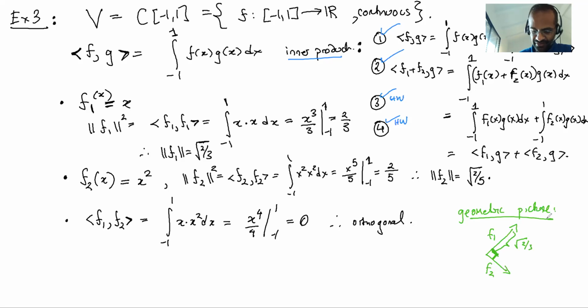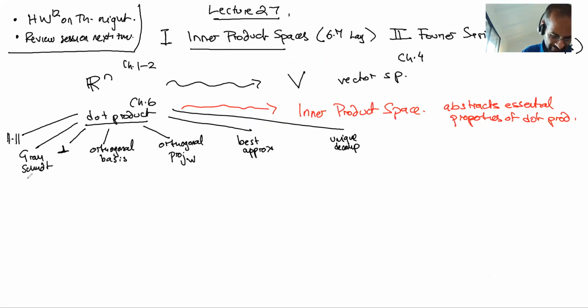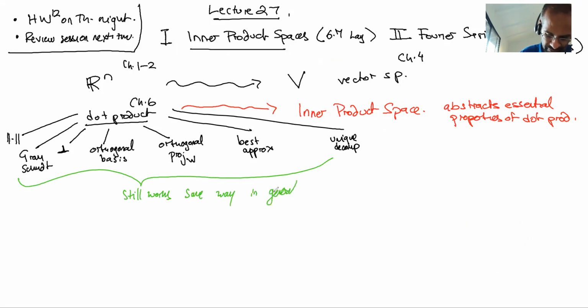And somehow, ultimately the punchline is that everything we did here, all this stuff on the first slide, still works the same way in general inner product spaces. So you can look at subspaces, you can look at projections, the projection formula works, Pythagoras theorem works.